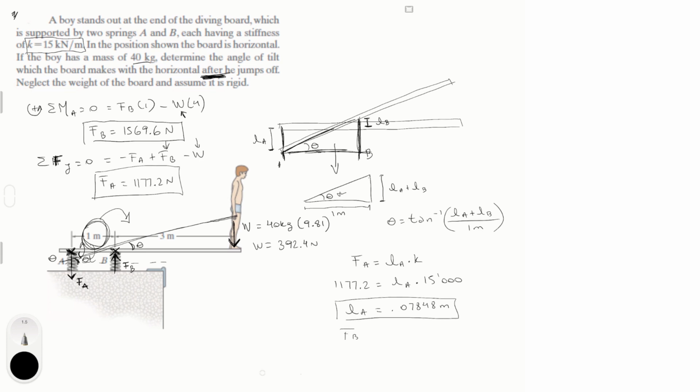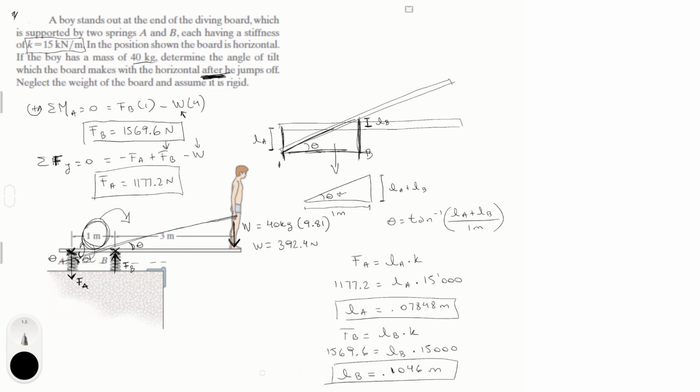Then we follow the same process for LB times K. LB is 1569.6 divided by LB times 15,000. LB is equal to 0.1046 meters.